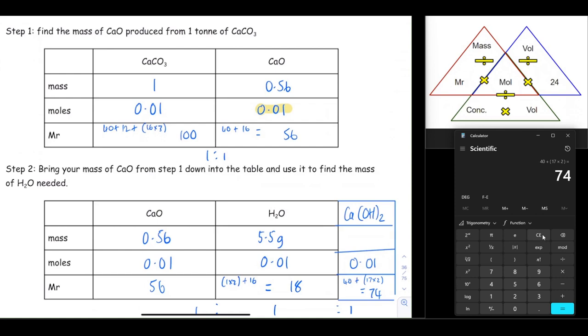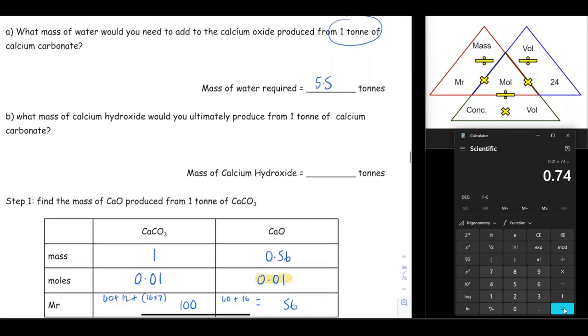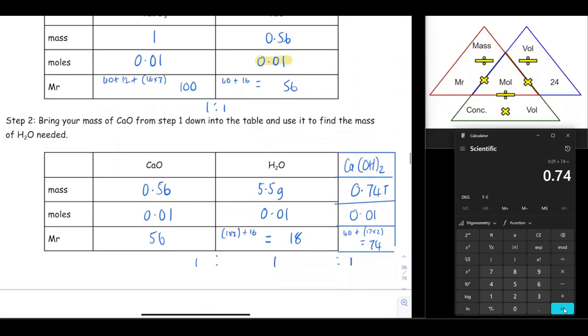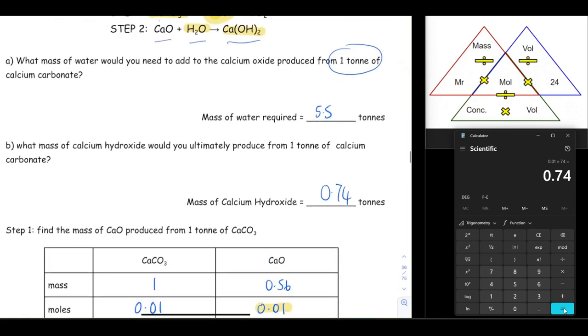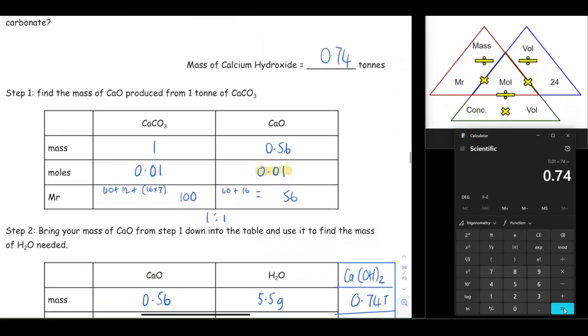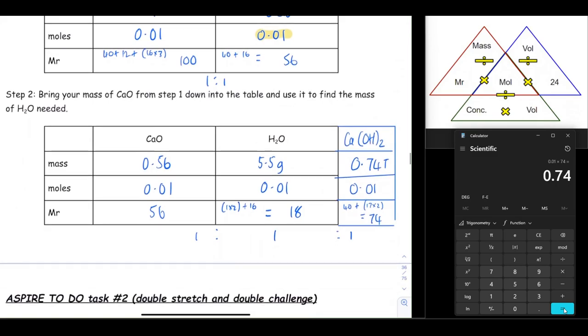So we've got 0.01 moles times by 74. That will give us 0.74 tons of that. So up here, what mass of calcium hydroxide would we need? We would need 0.74 tons. So on the surface, it seems difficult, but actually it's not that difficult at all.